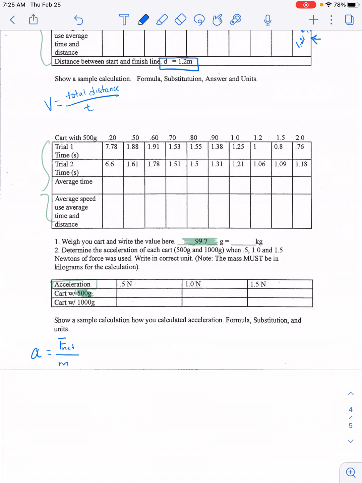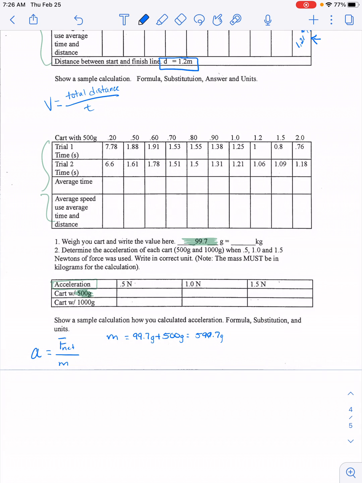And so my mass is going to be the 99.7 grams plus the 500 grams, which equals 599.7 grams. Now, if your mass of the cart is a little larger or a little smaller, that's okay.